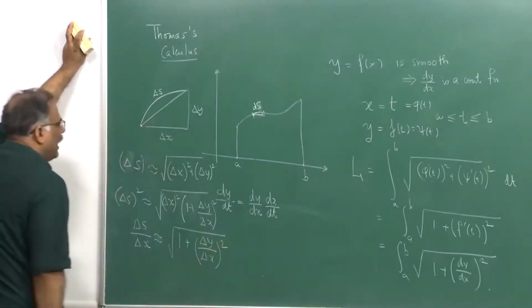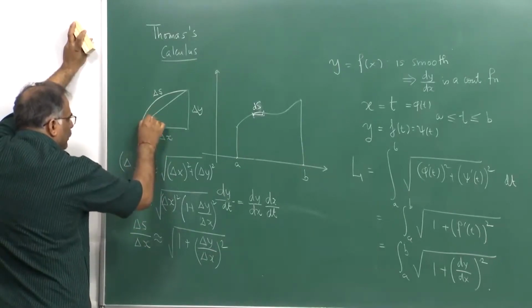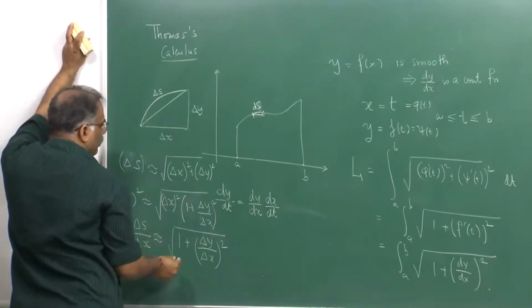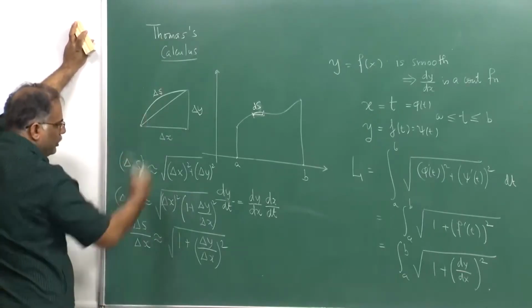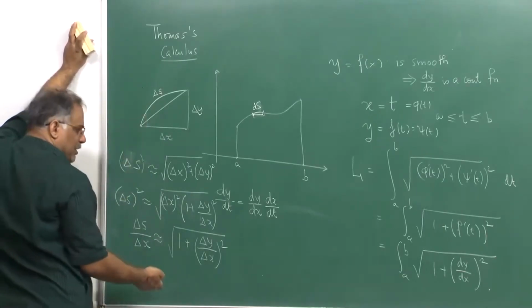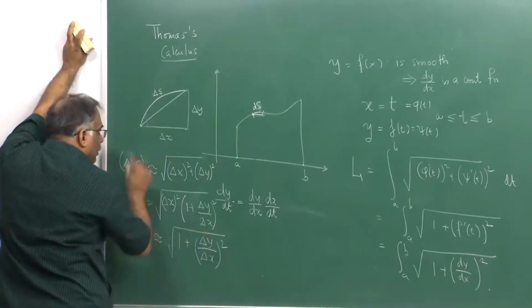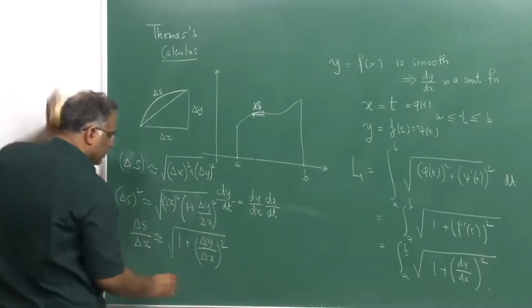But you see, as you make this smaller and smaller, as del x tends to 0, and hence del y also tends to 0, because the function is a continuous curve. A small change in x must give you a small change in y. What is happening? The curve almost approximates the straight line.